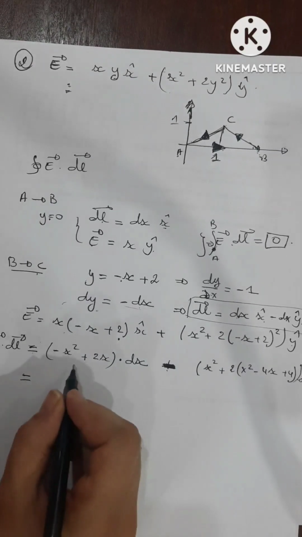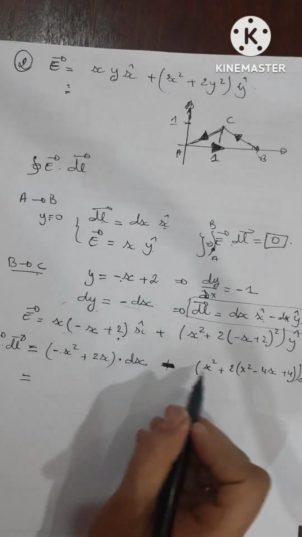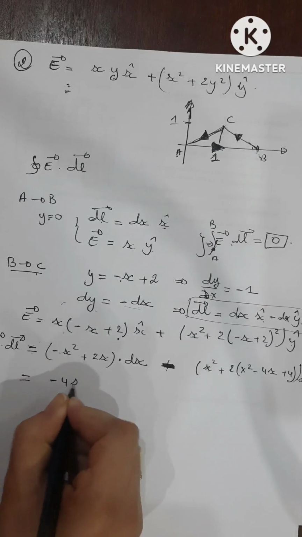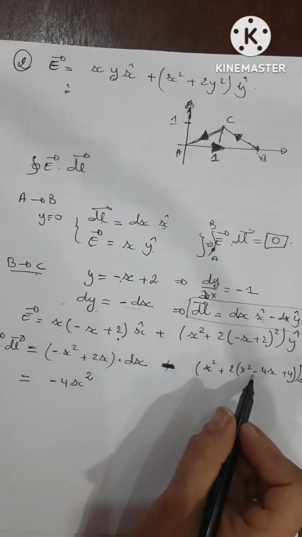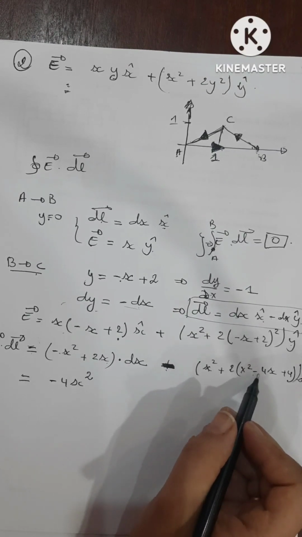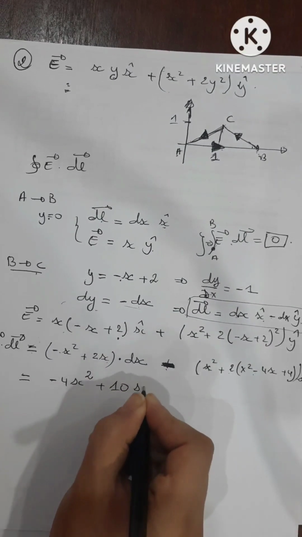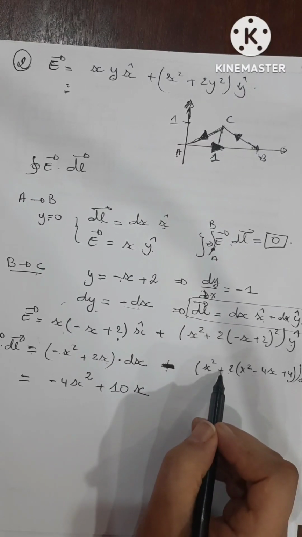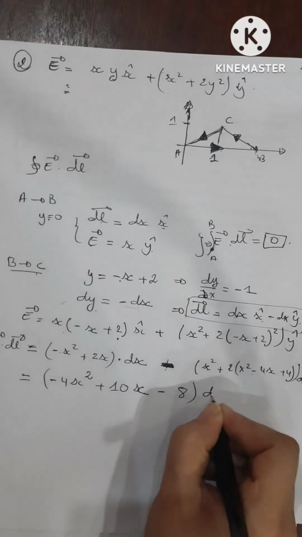Now we write it again. It's minus x squared minus x squared with this minus 2x squared, so it's minus 4x squared, and then 2x plus 2x plus 4x is 10x. Then the numbers we have minus 2 times 4, so it's minus 8, all of this times dx.